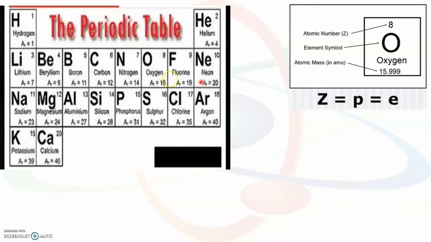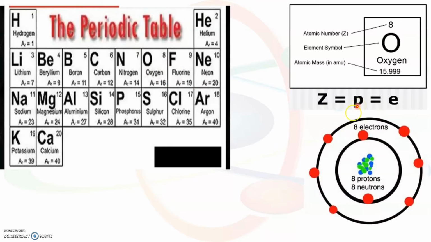So in case of an atom of oxygen, there are 8 protons and 8 neutrons placed in the nucleus, while 8 electrons revolve around this nucleus in imaginary paths called orbits. These imaginary paths in which the electrons revolve are called shells.